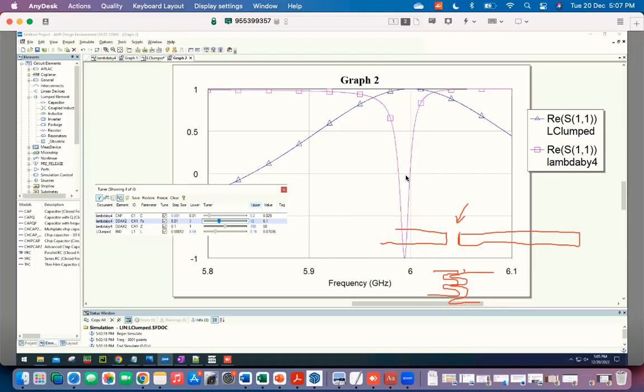So remember that this is now your 50 ohm feed line. This is where you're bringing your signals in and out. This part is your 50 ohm transmission line, but that is part of the lambda by 2 resonator. But I need to now connect this to something, right? So this will normally sit inside a box, which will have some kind of a metallic wall on one side.